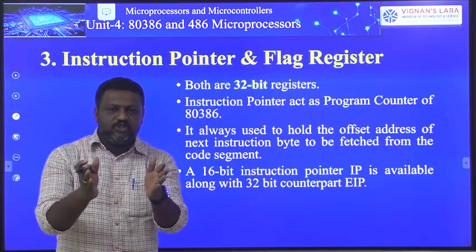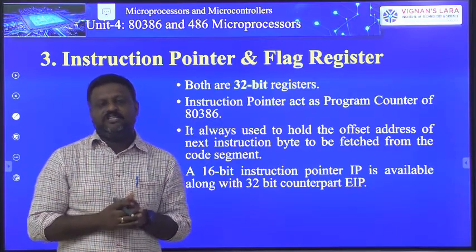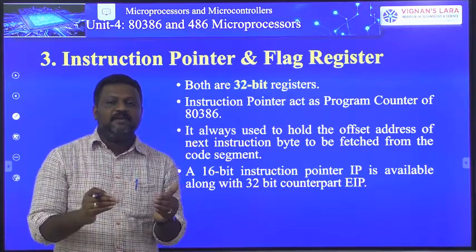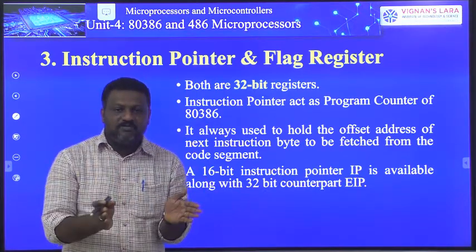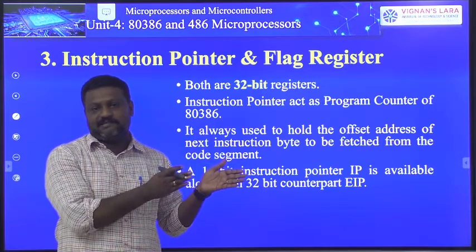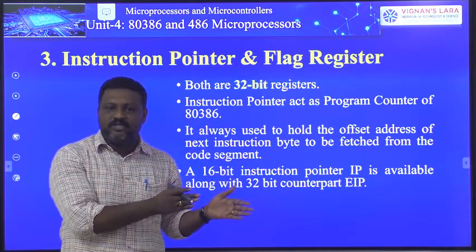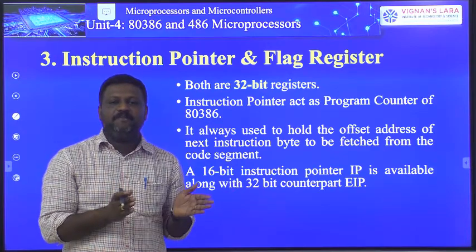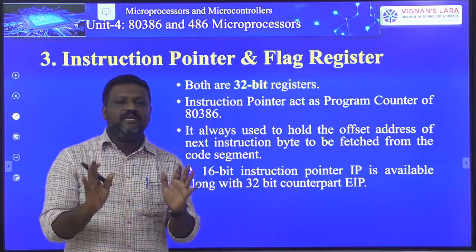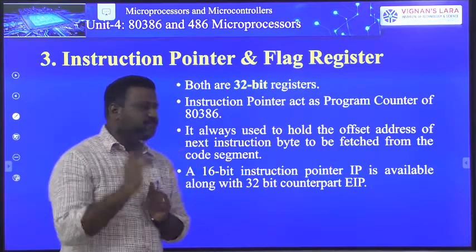Here the same job is done by the instruction pointer IP, so the instruction pointer IP is used as a program counter in 8086 and in 386. So my conclusion is, the instruction pointer IP simply acts as a program counter in 80386. That you have to remember.